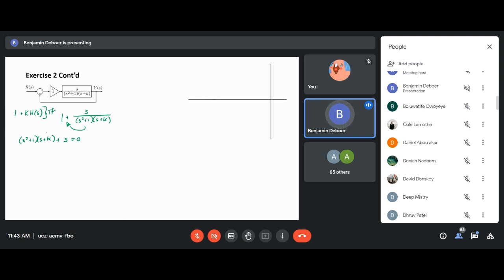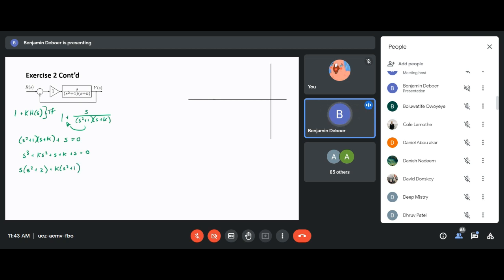Now we can bring all these values out, so we have S cubed plus K S squared plus S plus K plus S equals 0. And now we're going to group everything, so we have S(S squared plus 2), and then plus K(S squared plus 1).